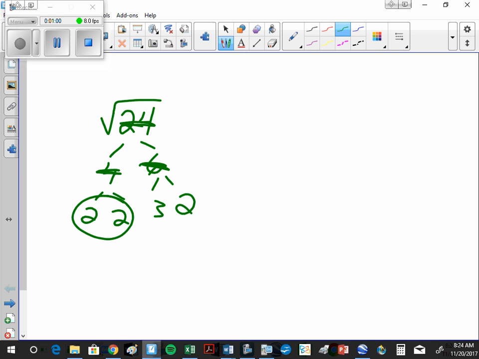So I take this 2, and I pull it out and stick it in front of the square root. 2 times the square root. And the leftovers are a 3 and a 2, and 3 times 2 is 6. So apparently, the square root of 24 is equivalent to 2 root 6.